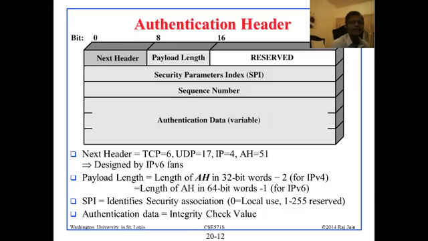So basically, if you remember, IPv6 has many headers, and each header starts with the next header field. So this is basically an IPv6 style header, although it is also used in IPv4, by the way.